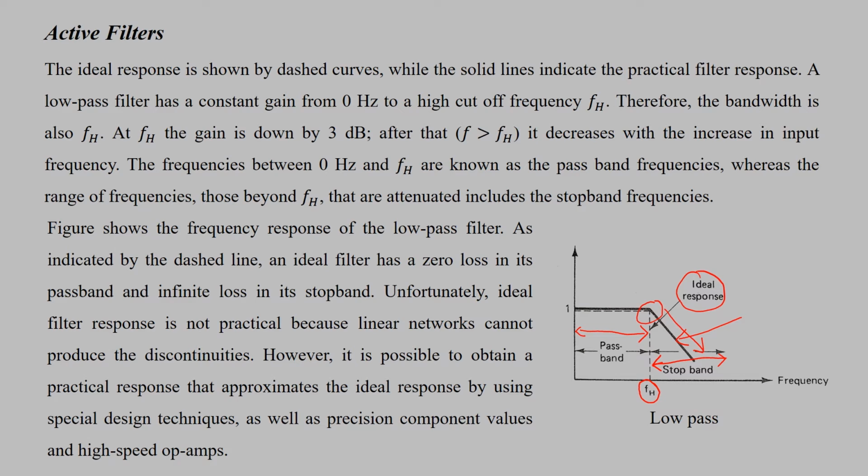The figure shows the frequency response of a low pass filter. An ideal filter has zero loss in its pass band and infinite loss in its stop band. It is not possible to have an ideal filter response, and it is not practical because linear networks cannot produce this discontinuity.